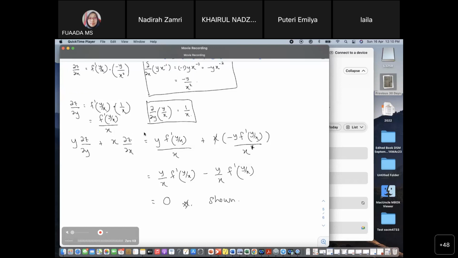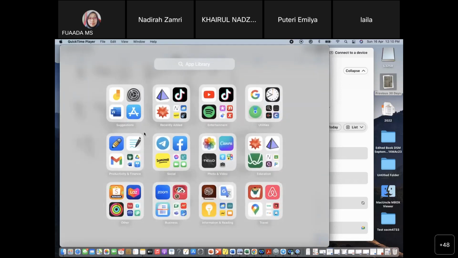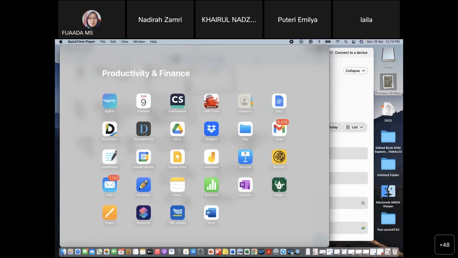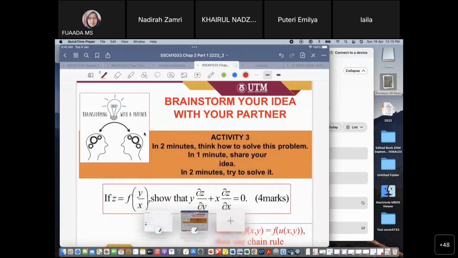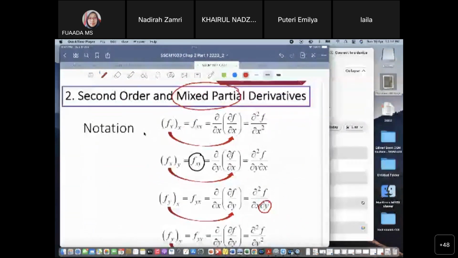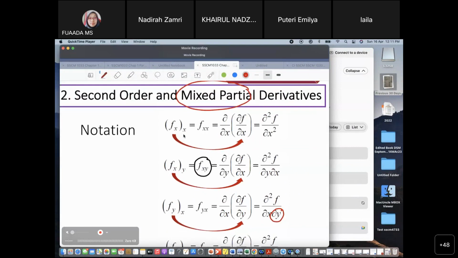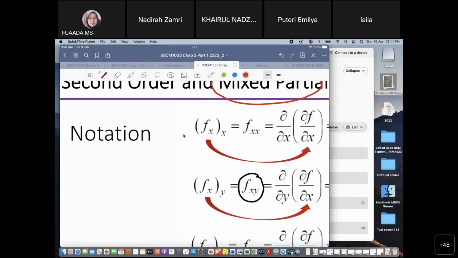Okay, now we go to the higher order. So here we have a second order first. Second order means you differentiate twice. So we know that when you differentiate once with respect to x, for example, you have del f del x.